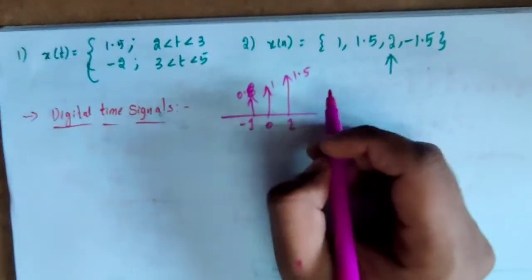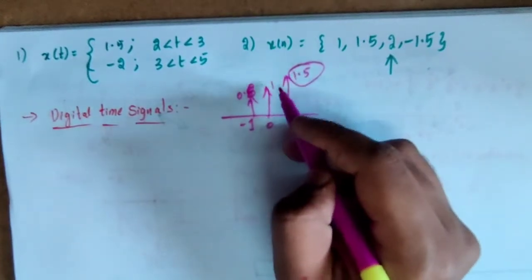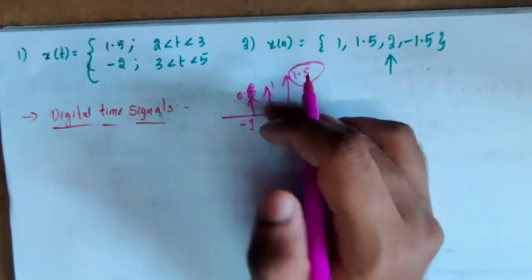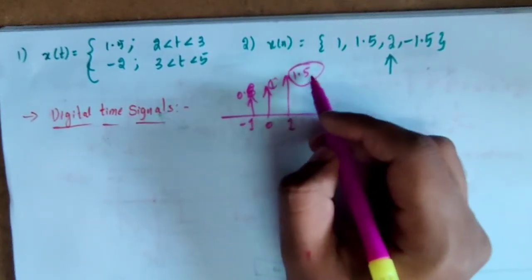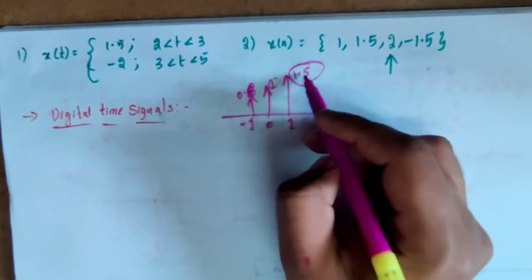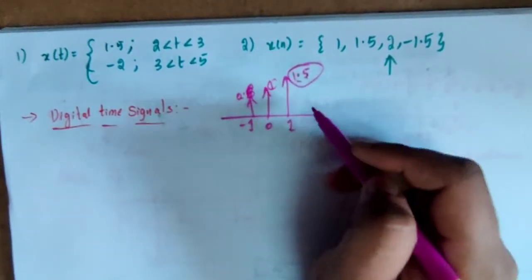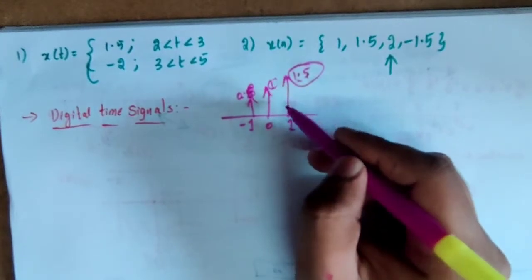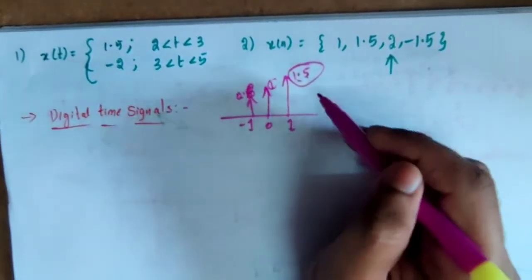Well and good. Now if you look at the amplitudes, these are not integers. Few amplitudes are integers, like 1, whereas 1.5 is not an integer, it's a fraction which has some value after the point, like 1.5, 0.8. So in discrete time signals only the time is an integer, whereas the amplitude is not.